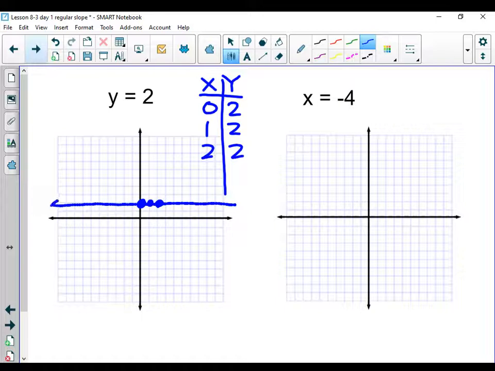Ellie's a little bit ahead of us and she's ready to write down slope equals 2 over 0. Yes, technically. Horizontal? What is it when it's horizontal? 0 over 2. No tilt. 0 tilt.